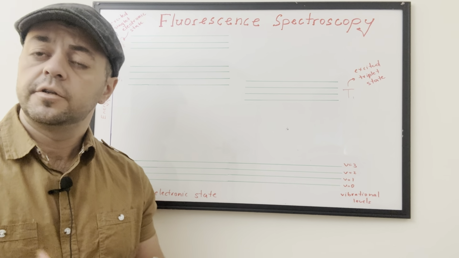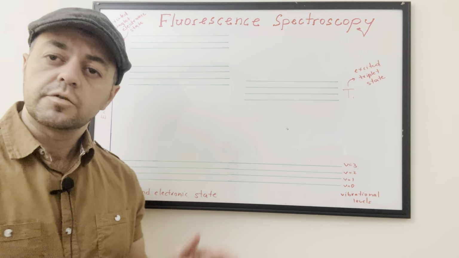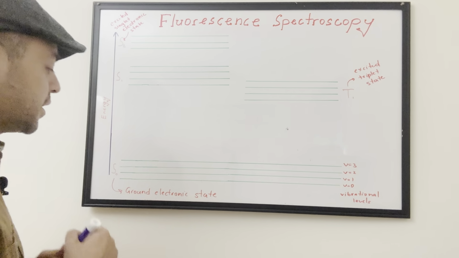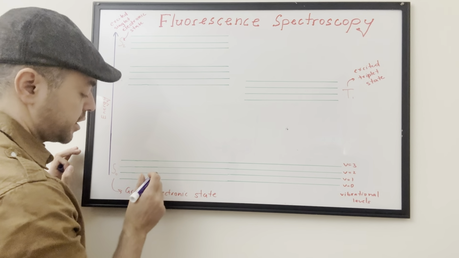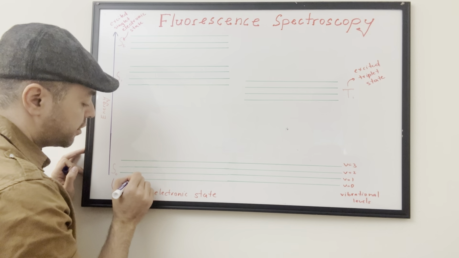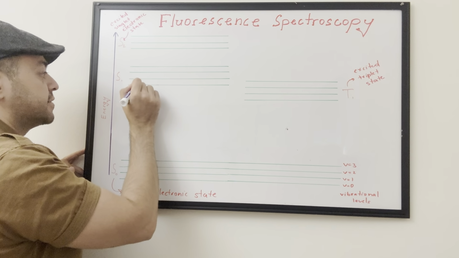As you may have heard, fluorescence is emission-based spectroscopy. So let's take a quick look at what happens when a molecule absorbs the light. As I just mentioned, molecules are typically in the ground state. When we apply the light, it goes to the excited state.